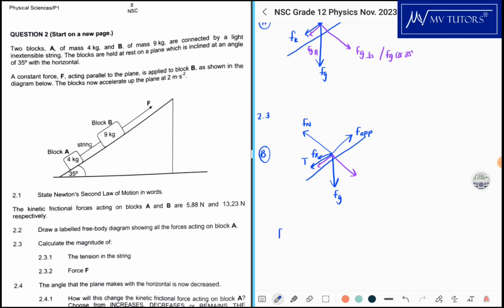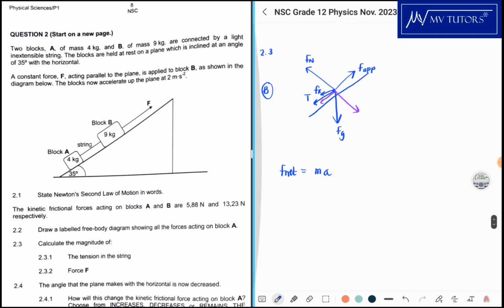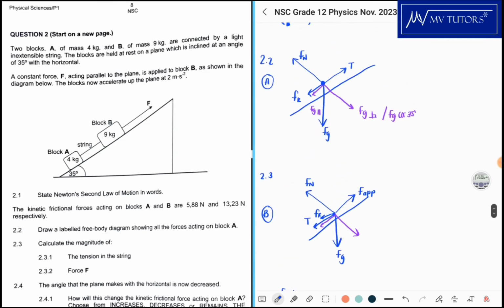Well, we're going to say the net force using Newton's second law is equal to mass times acceleration. Okay, and if I can just use block A for now. So if I'm going to use the free body diagram, I have tension in the positive direction, and I have friction as well as the component of gravitational force in the opposite directions.